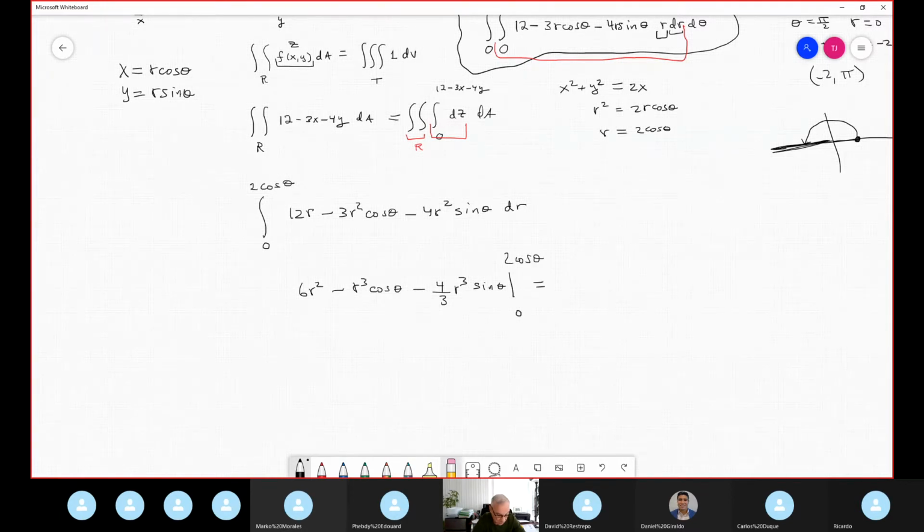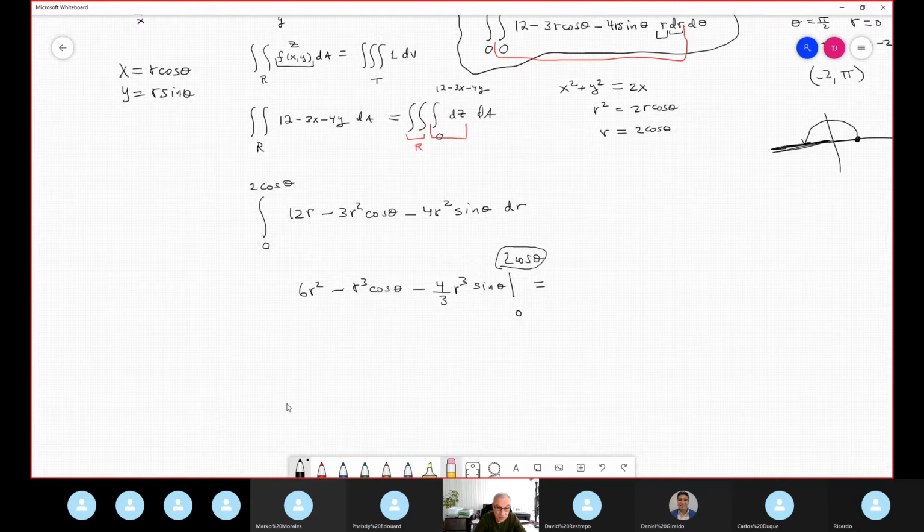Okay, you replace 2 cosine theta for r, and you replace 0 for r. It's obvious that 0 gives 0, but cosine does not.